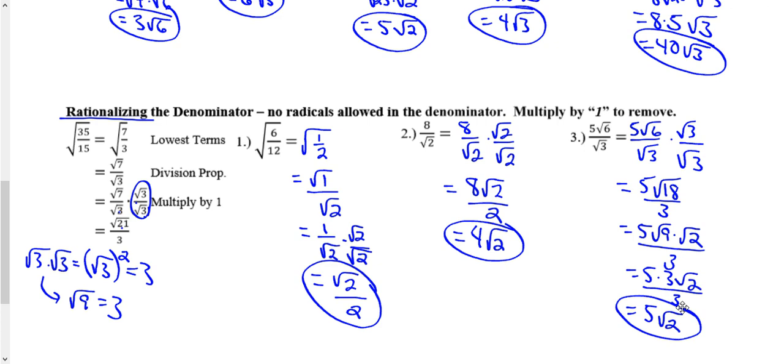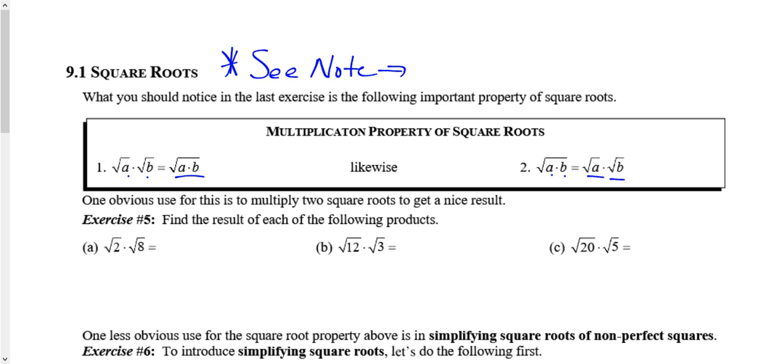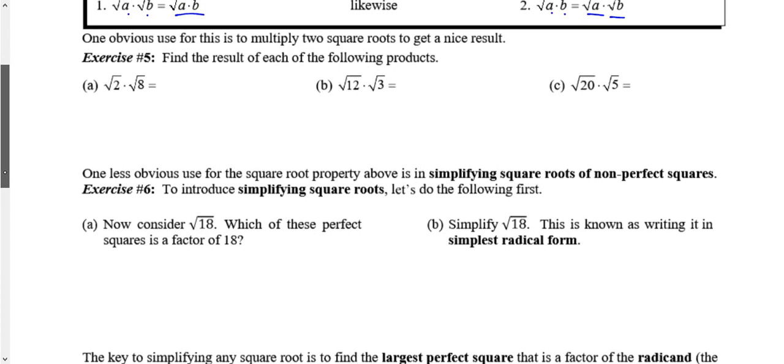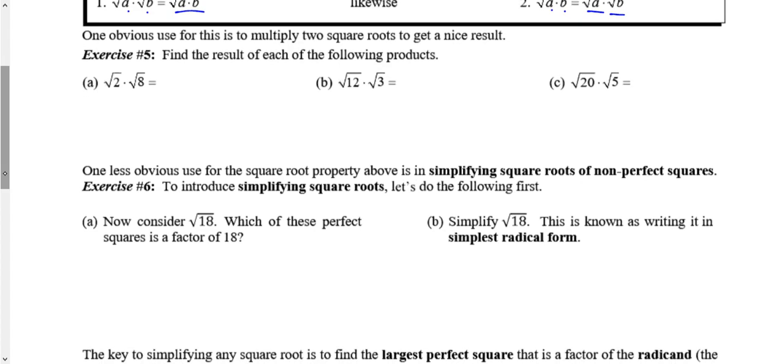Okay. So if you get the gist of this, let's go back now. All right, so exercise 5. Hopefully we know what to do with this: the square root of 2 times the square root of 8. Can I use that one property and write it as one square root? Yeah, multiply it. So it'd be the square root of what then? 16.